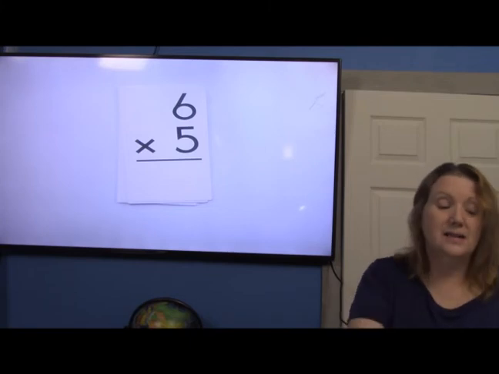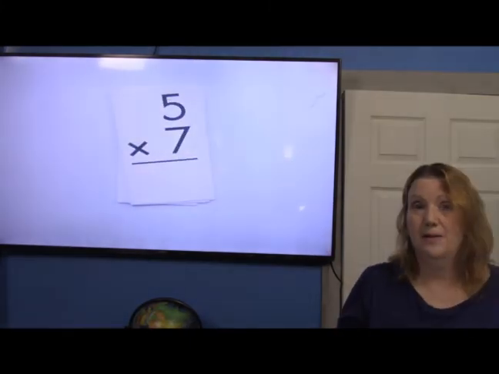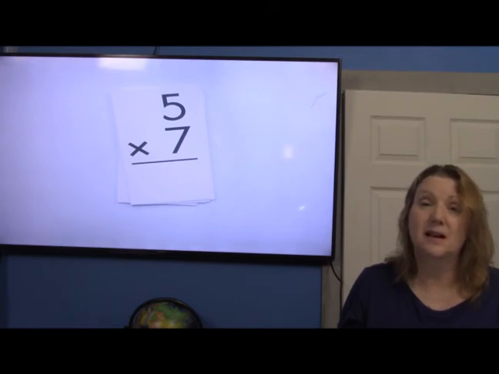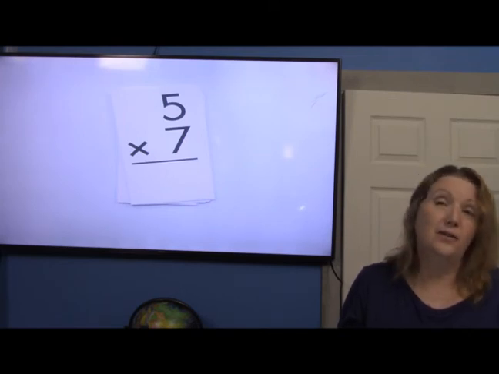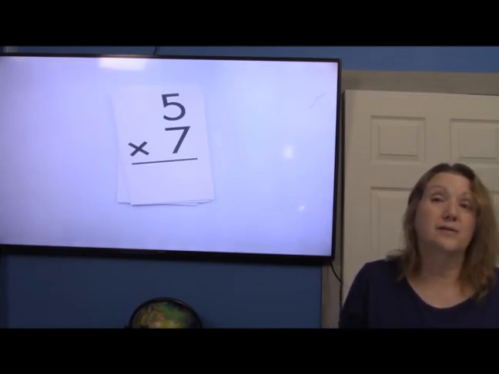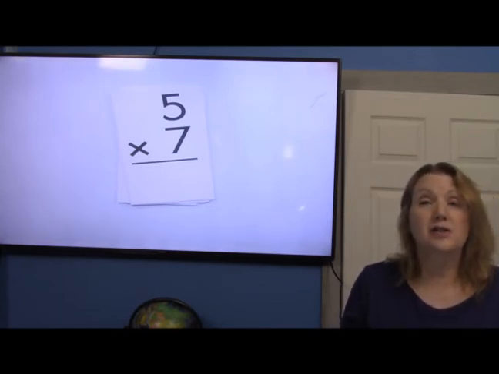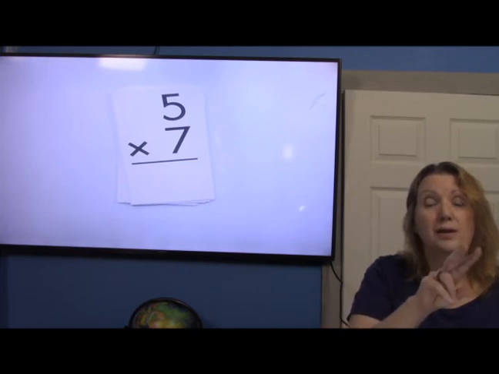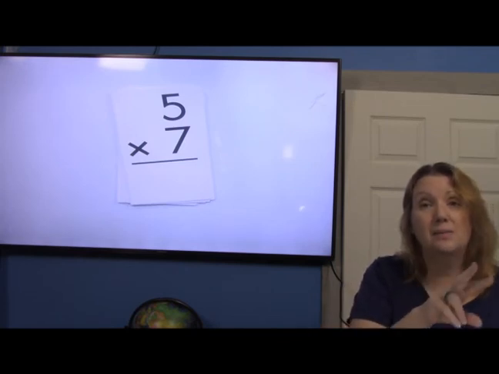How about 7 times 5? So we want 5 times 5, 6 times 5, and of course it says 5 times 7, but you can read it 7 times 5. Because multiplication, it doesn't matter what order. You could say 5 times 7 or 7 times 5.